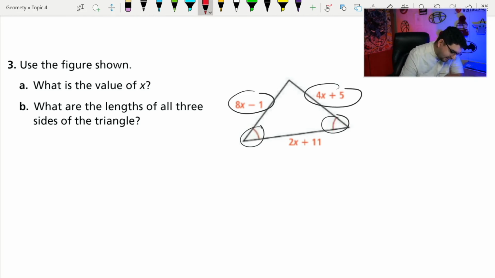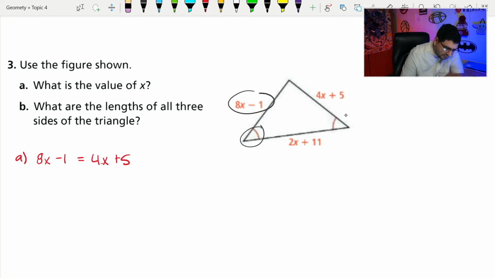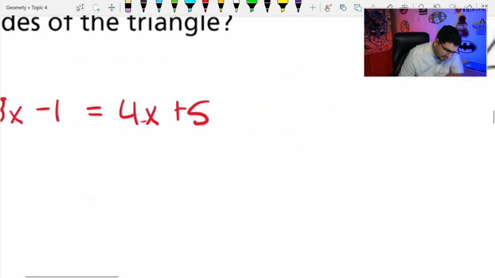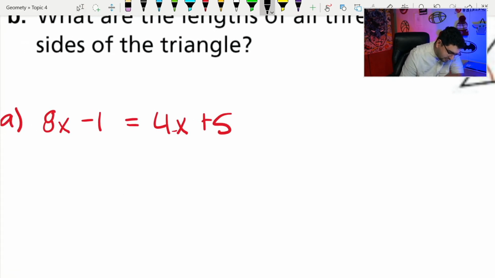So for part A, we can find x by setting 8x minus 1 equal to 4x plus 5, because that would be setting these two sides equal to each other. So now let's do some algebra.